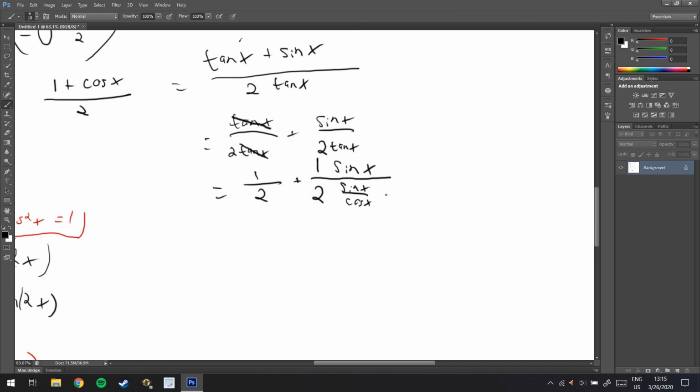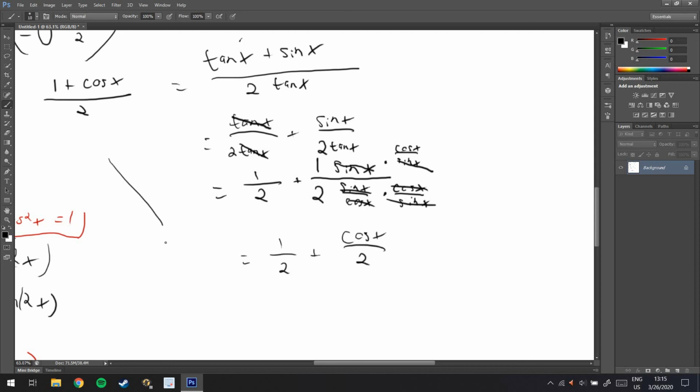Now I would multiply by the reciprocal to cancel out the fraction in a fraction, cosine of x over sine of x. In this case, these will cancel, and then I have sine over 1, so sine cancels the sine, and I'm just left with cosine. So it's equal to half plus cosine of x over 2.